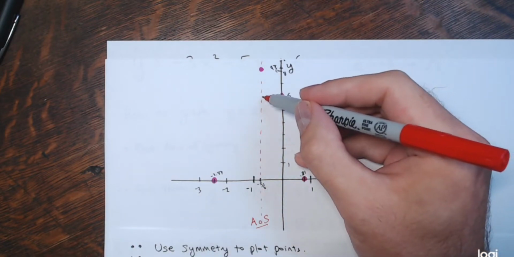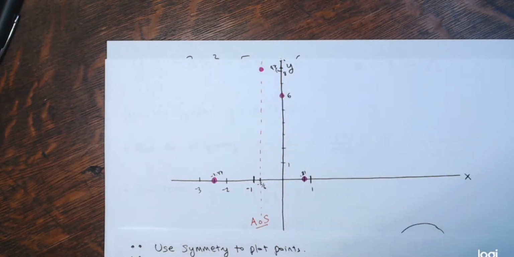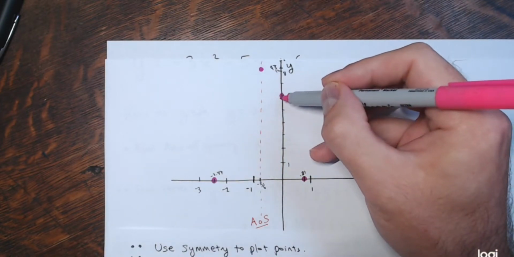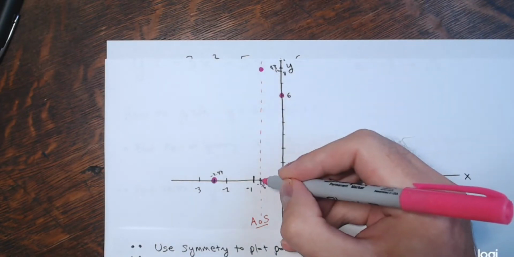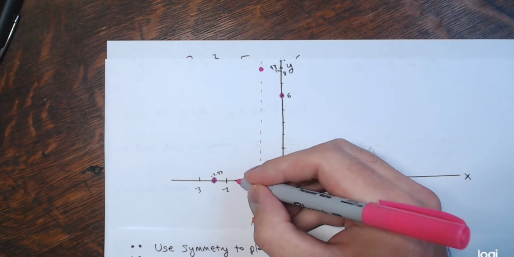And then this point here, 0, 6, is 5/6 to the right. So if I go another 5/6 to the left, that's negative 10/6, which would be negative 5/3, or negative 1 2/3. So maybe about here.